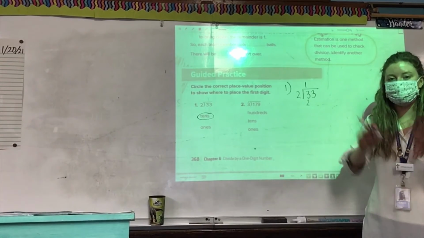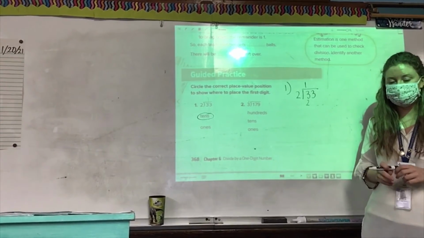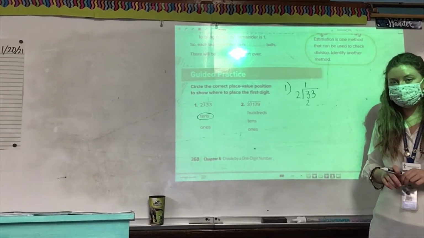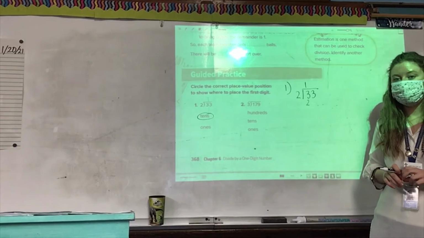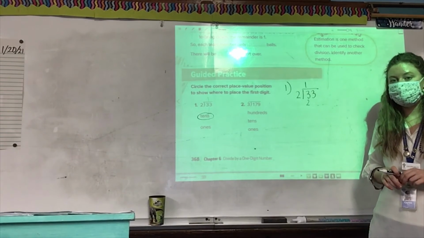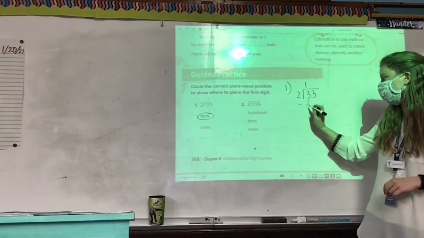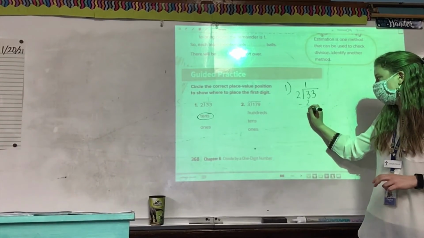Repeat, word for word, no changing. We subtract the answer to our multiplication problem from the first digit of our dividend. Good, which means we're doing 3 minus 2. 3 minus 2 is what, Zari? 1.